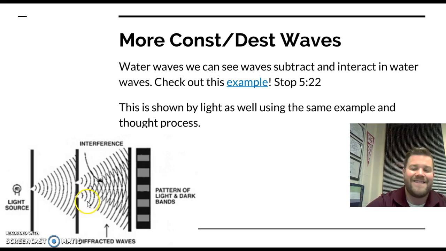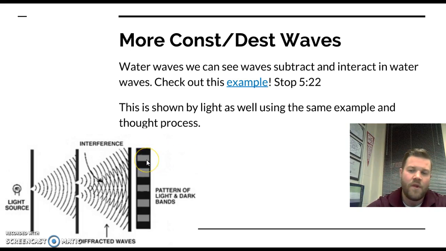And so then we have this second wave occur, and what you start seeing is where the wave is interfering constructively and destructively. These parts where it's constructive and destructive start creating this pattern of light and dark bands. And that can be seen in light as well as the water that we're going to look at in a second.